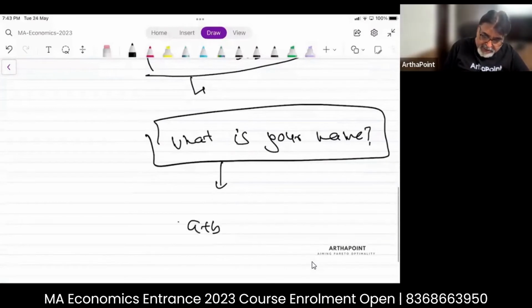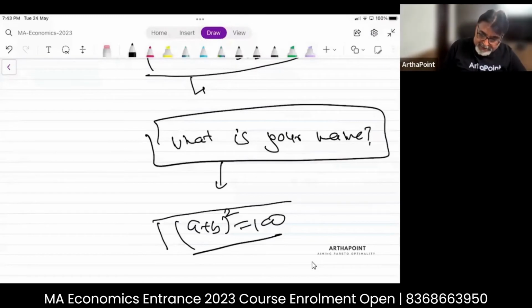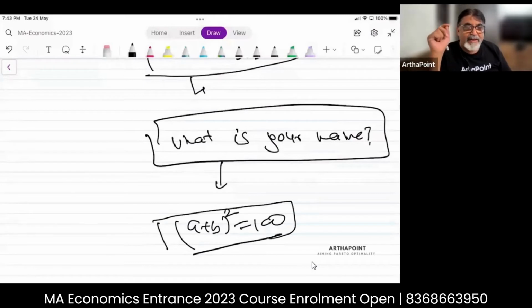A plus B square is equal to 100. Definitely A plus B square may be 100, may not be 100, depending upon the value of A and B. So again, of course, we can judge, we can assign some values. Is this a proposition? We can evaluate A plus B square is 100 or not. But is this a statement?